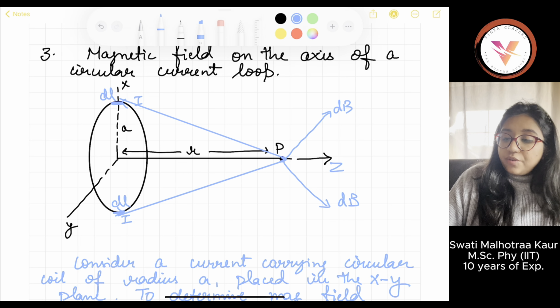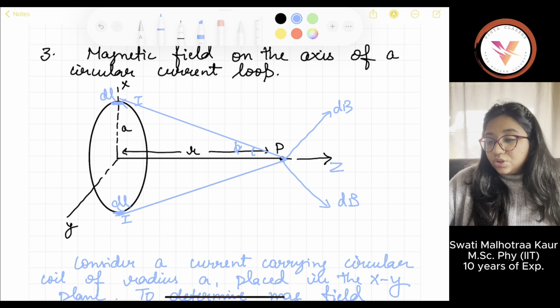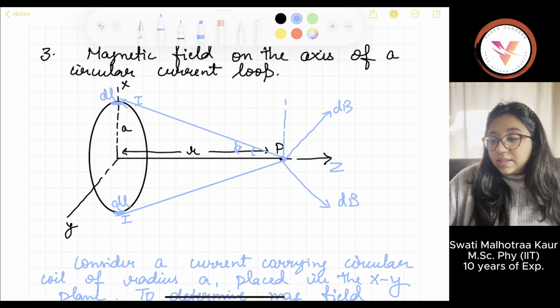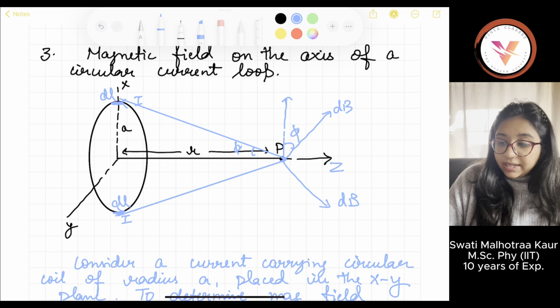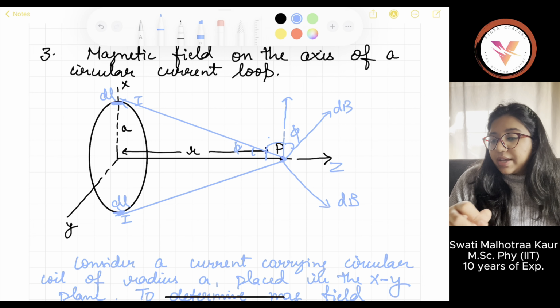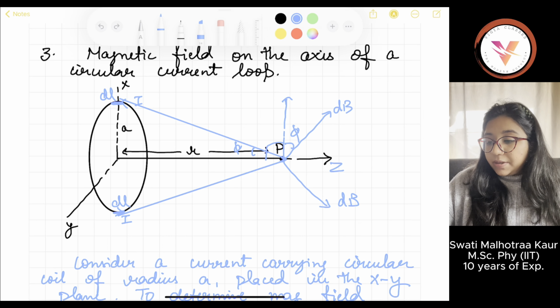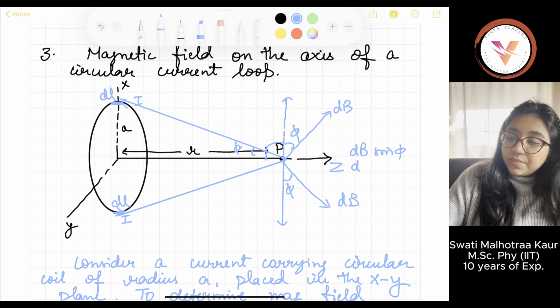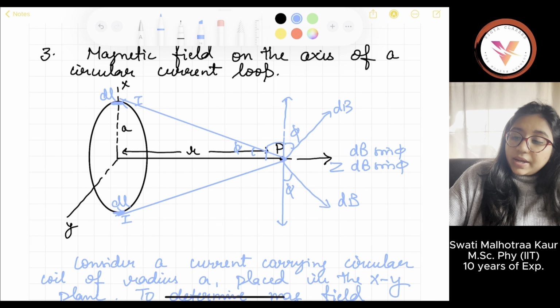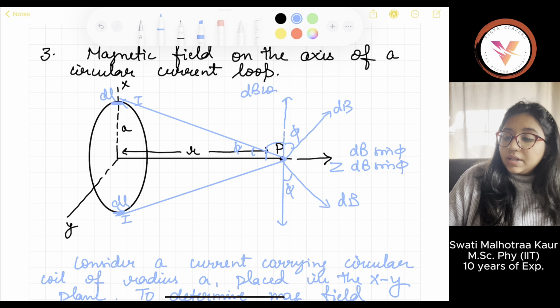Now, if the angles here are phi, then as per the geometry this angle would be phi too, because this complete angle is 90, this is 90 minus phi, and it gives you phi there. Similarly the other phi is here. If you resolve dB, then dB sin phi plus dB sin phi will come along the axis, and dB cos phi and another dB cos phi will go in the vertical sense.